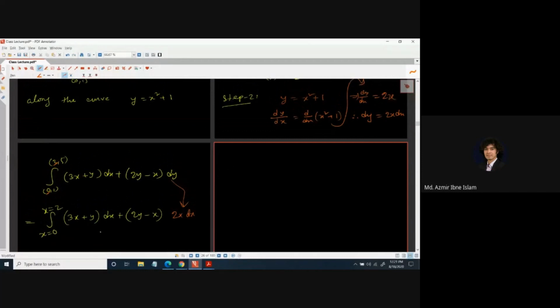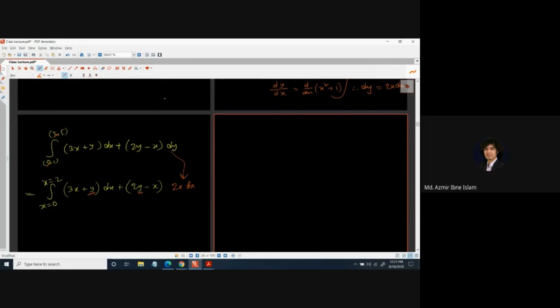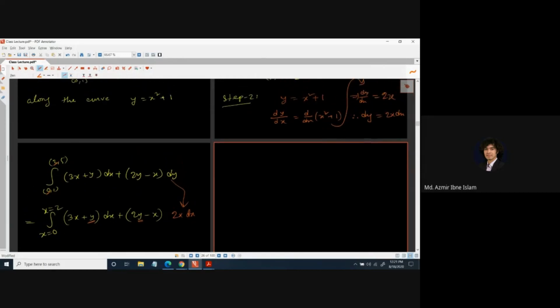Now you can see that our function is becoming f of x type. We have only one task left: here we can see y. Let's replace y with x squared plus 1, because this is our given function.